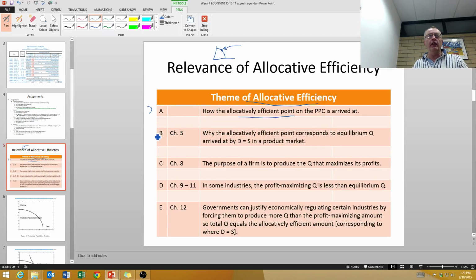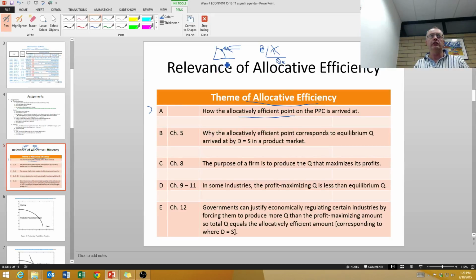Okay, and then I'm going to very briefly explain how this point of allocative efficiency on the production possibilities curve corresponds to the equilibrium price and equilibrium quantities in our product markets.